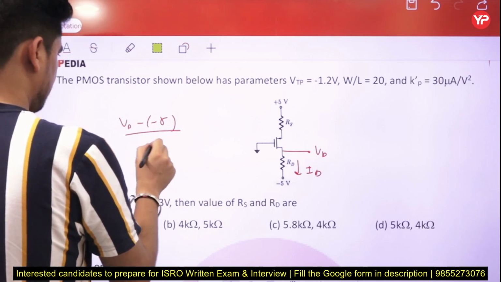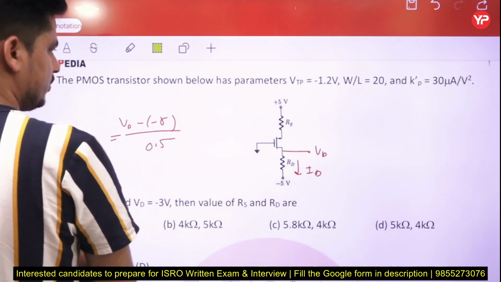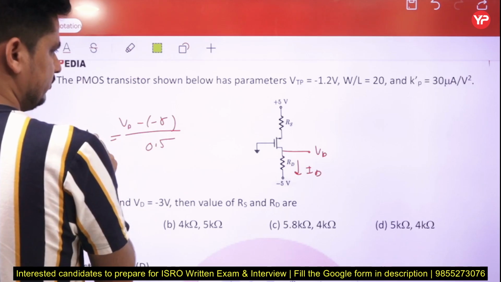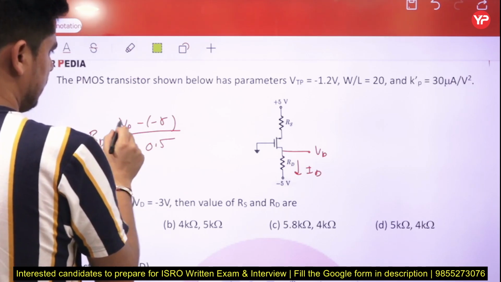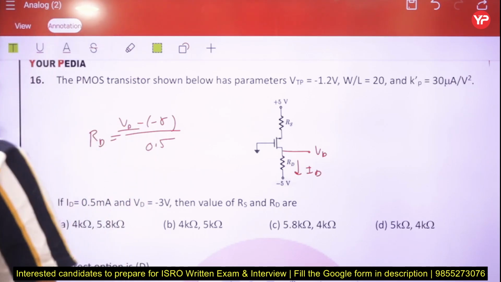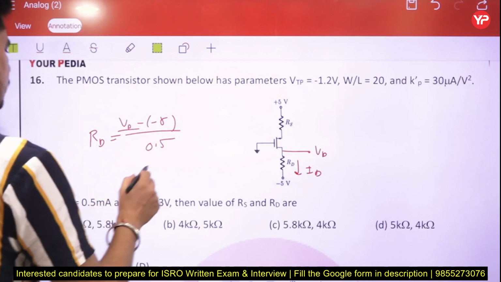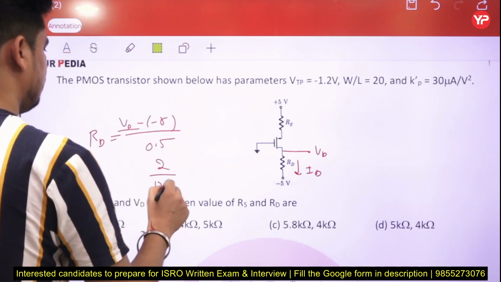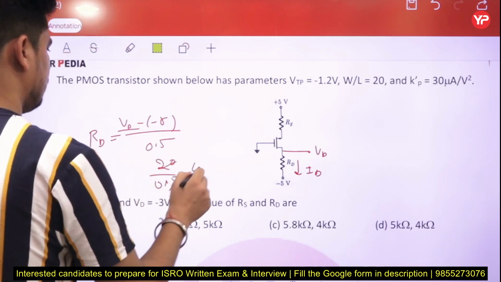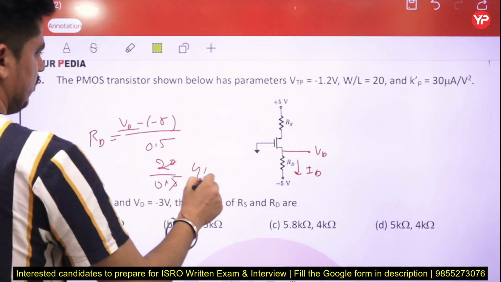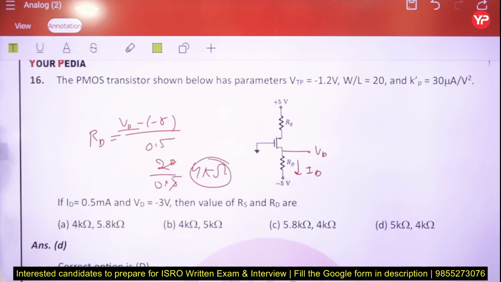ID is 0.5, and this is 3 volt. So minus 3 plus 5, 2 divided by 0.5, that will be 4 kilo ohm. So what we are observing is that the RD resistance is 4 kilo ohm.